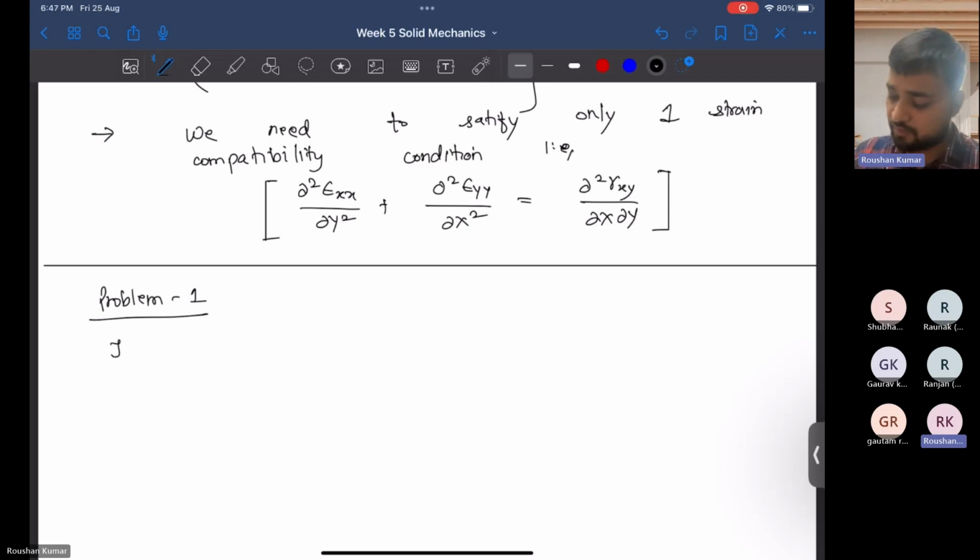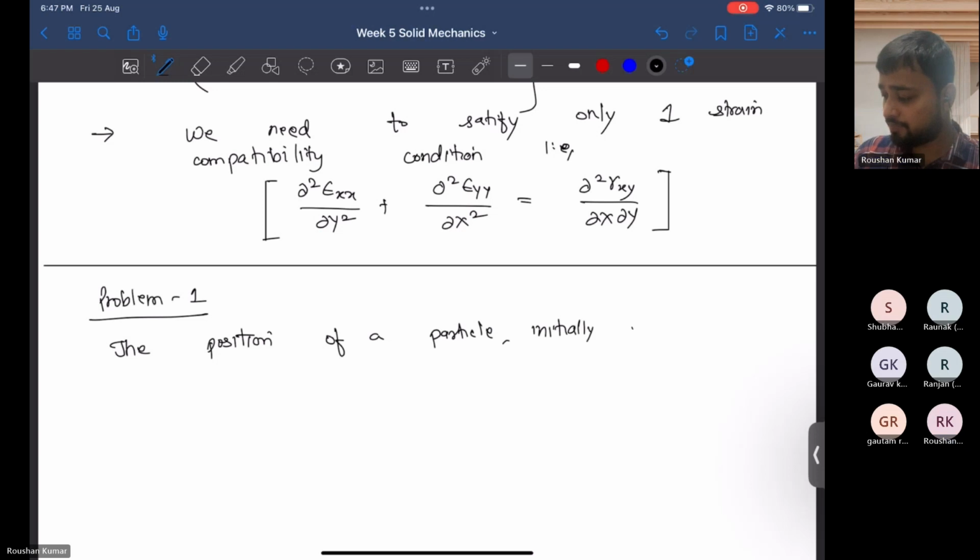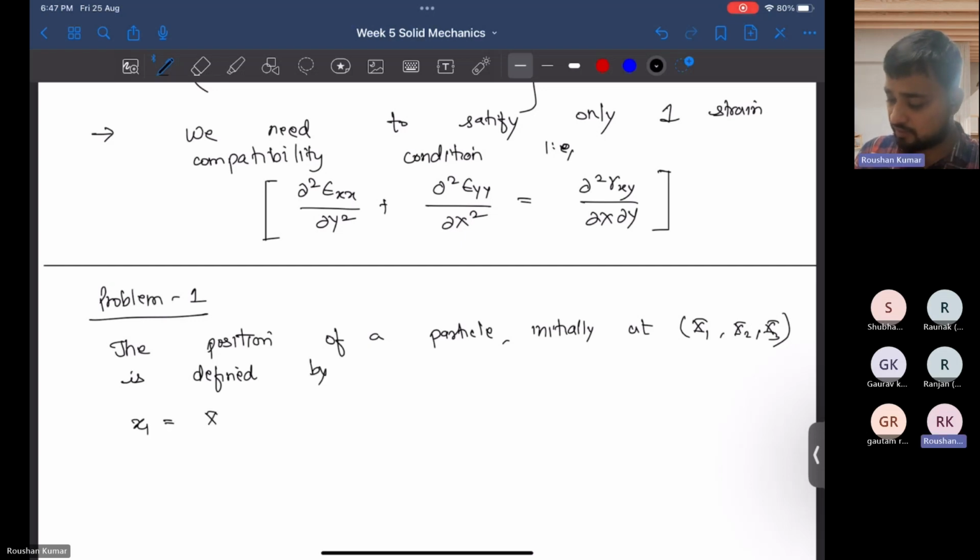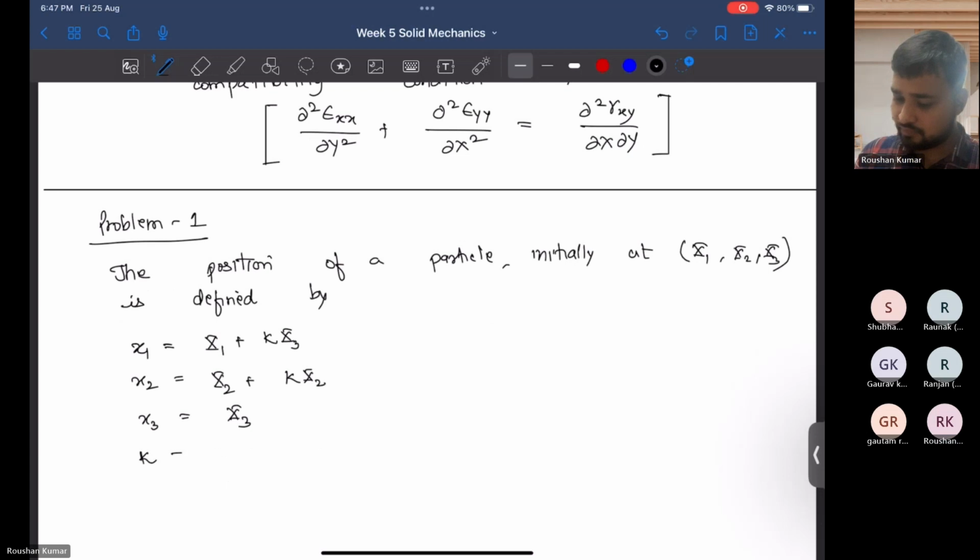So the question is: the position of a particle initially at X1, X2, X3 is defined by small x1 equals big X1 plus k x3, small x2 equals big X2 plus k x2, and small x3 equals big X3, where k is equal to 10 to the power minus 5.